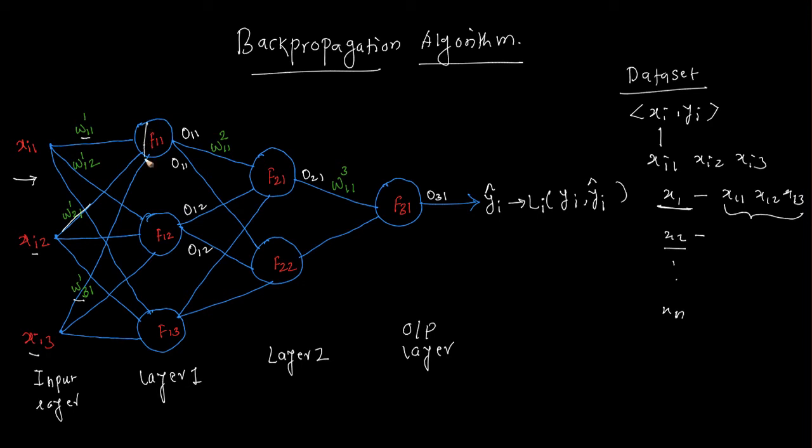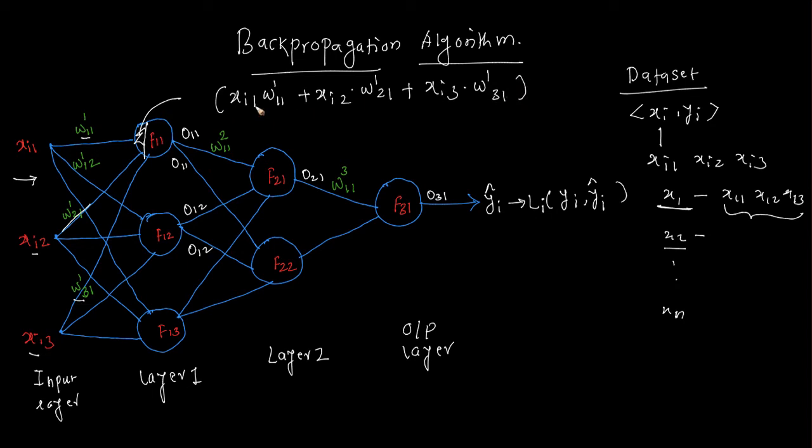And what happens in this neuron? In this neuron, the sum of these multiplications is carried out. If I write a sum symbol here, this is nothing but the sum of these multiplications: xi1 into w111 plus xi2 into w121 plus xi3 into w131.